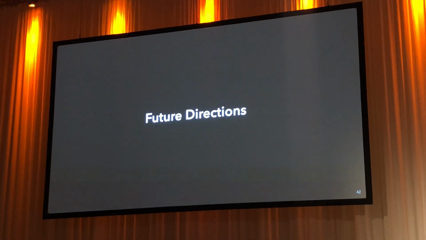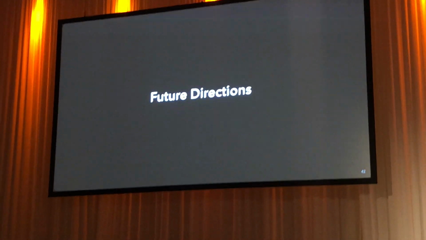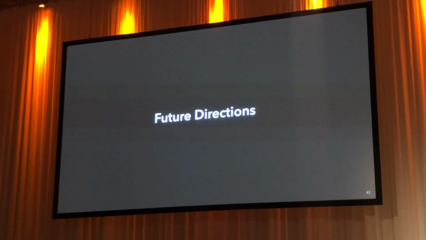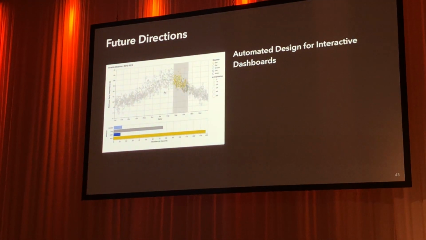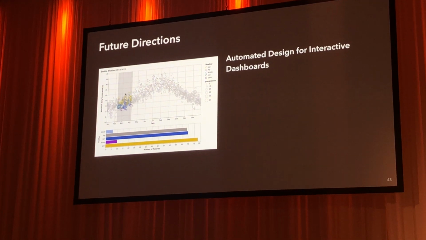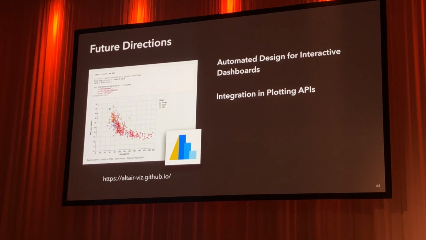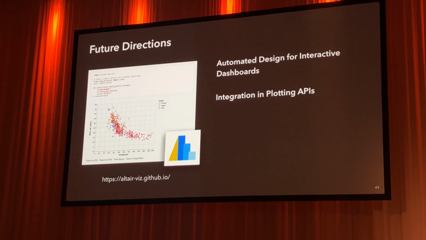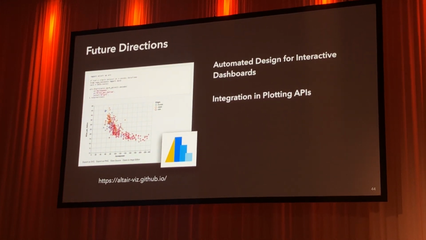We're very excited about taking this system and applying it in a bunch of domains and building systems on top of it. A few future directions that we're thinking about are using this for automated design of interactive dashboards rather than just these single static charts. We also want to integrate it into plotting APIs to make it easier for people to actually use this design knowledge.